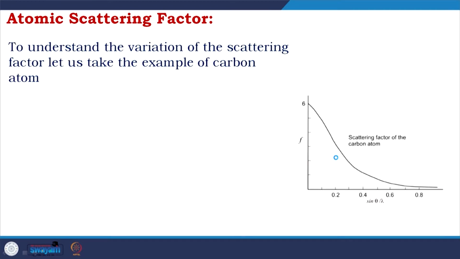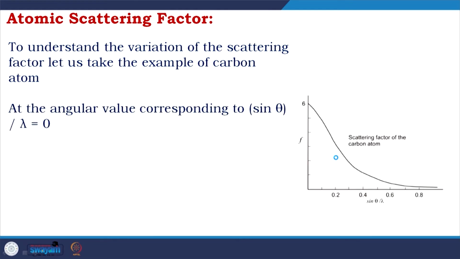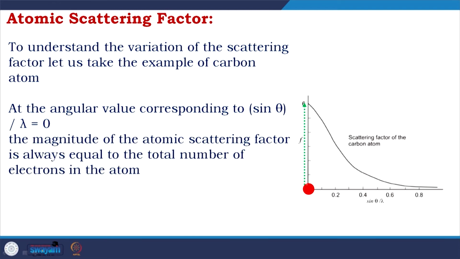To understand the variation of the scattering factor, let us take the example of the carbon atom. At the angular value corresponding to sin theta by lambda equal to 0, you will see maximum scattering.